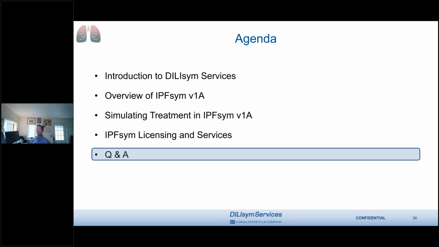Another question we have is, in the context of inhaled treatments of IPF, how do you plan to integrate the fibrotic foci with PBPK models? An example, the lung module of GastroPlus. Yeah, that's a great question. Certainly GastroPlus has the ability to represent inhaled therapeutics. And this is a capability that is continuing to improve over time.